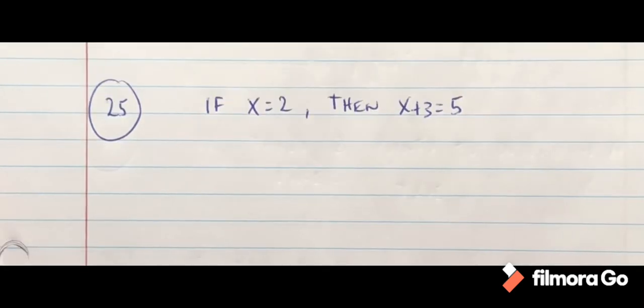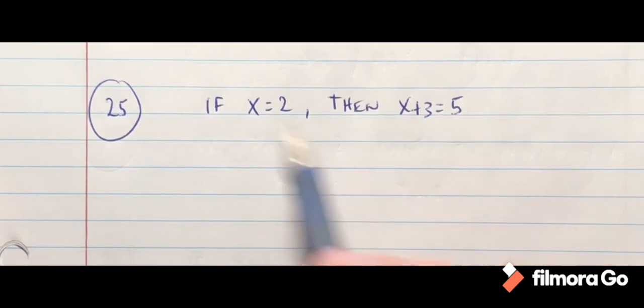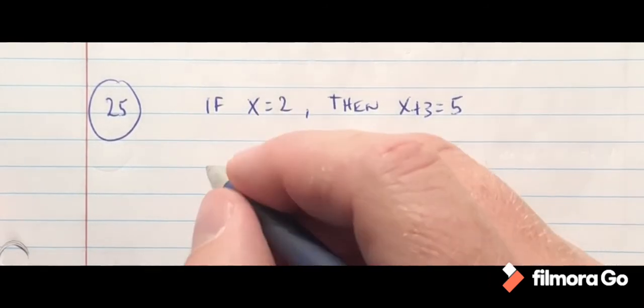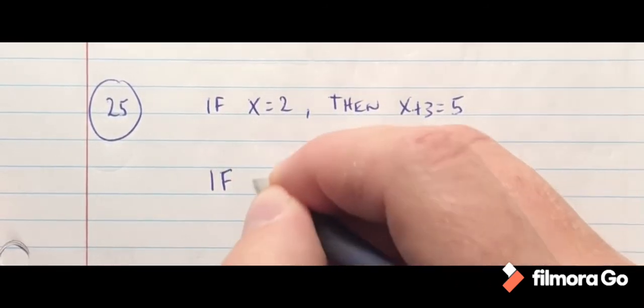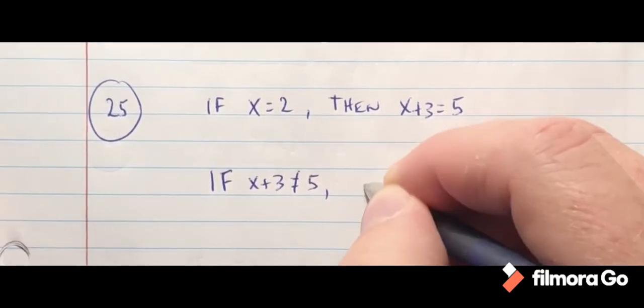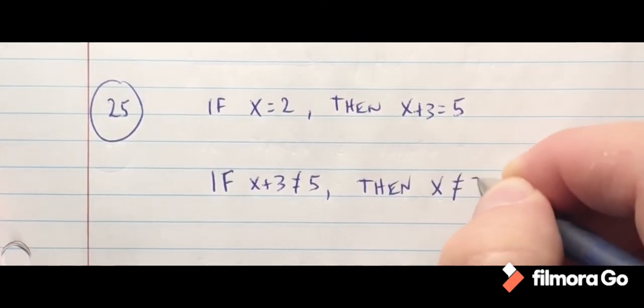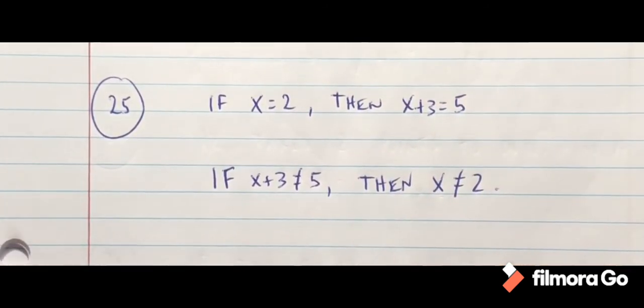Okay, for 25, they want us to write the contrapositive. Remember, the contrapositive, we're going to take the negation of the then, and then the negation of the if. So it would be if x plus 3 does not equal 5, then x does not equal 2. That would be the contrapositive.